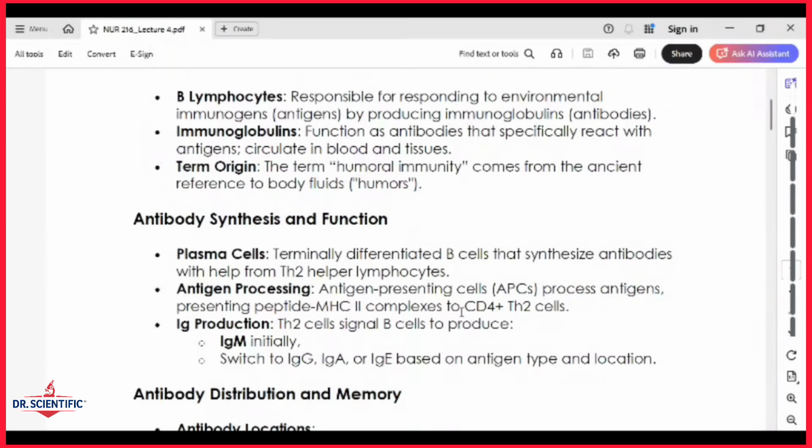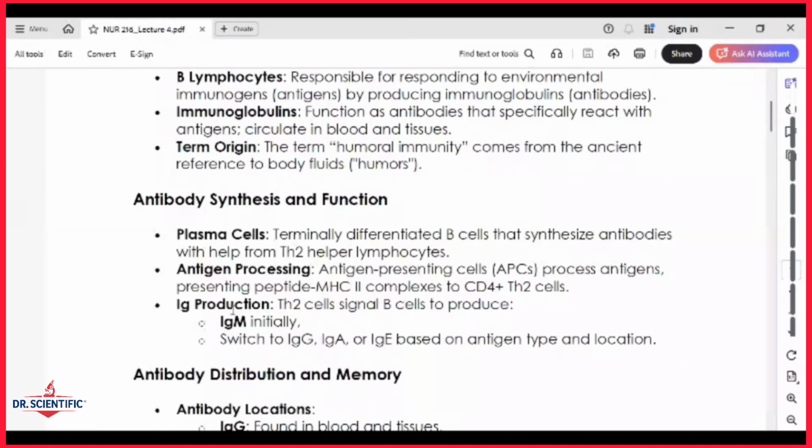And once that happens, CD4s, which are the Th2, are going to secrete interleukin 4. They're also going to secrete interleukin 10, and that then will bring about immunoglobulin production.